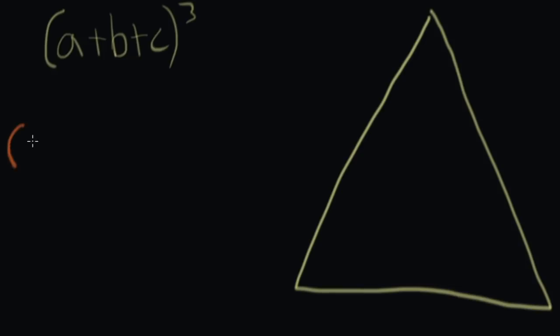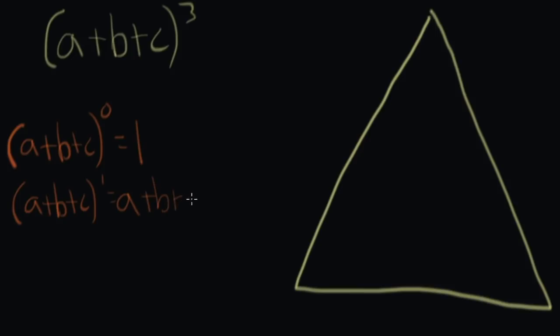If we had a trinomial here, and I put it to the 0 power, that would give us 1, of course. And if I put this to the first power, that would just give itself, a plus b plus c. But if I did it to the second, then we start getting into some interesting things.